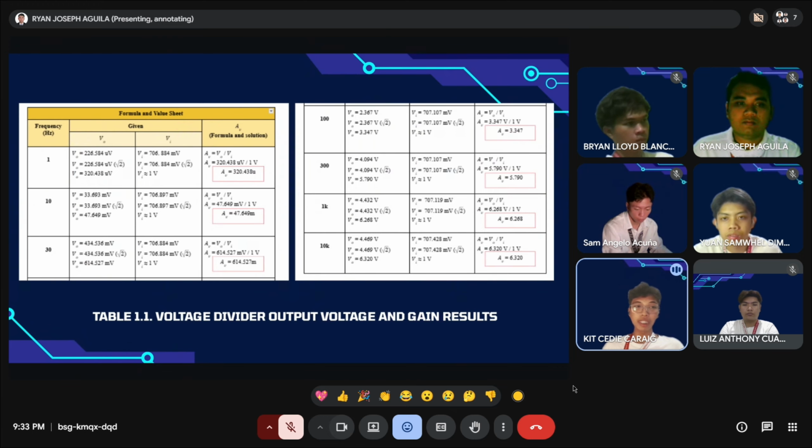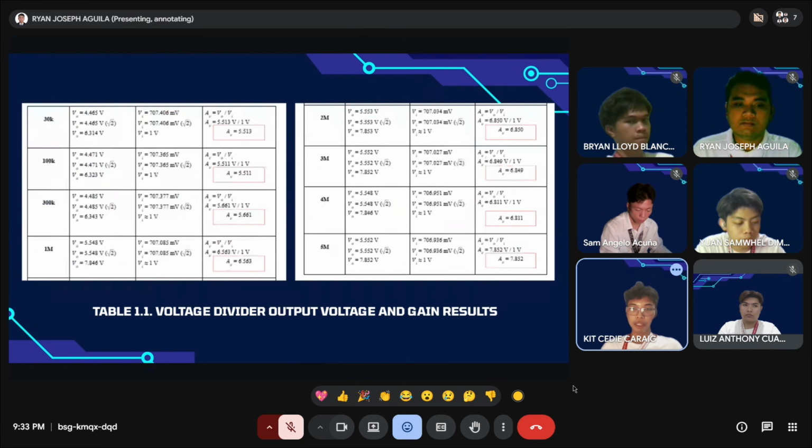As the frequency increases, such as from 100 hertz to 10 kilohertz, the gain rises significantly, which shows an improvement in the amplification performance. While from 30 kilohertz to 5 megahertz, the gain remains relatively high and stable. So it indicates a consistent amplification in the range.